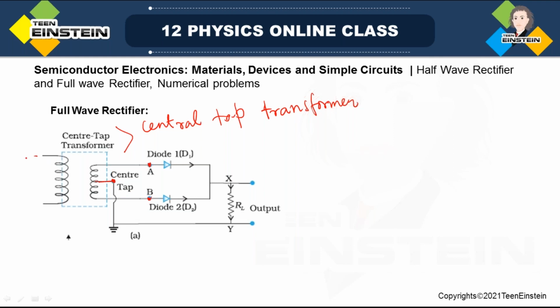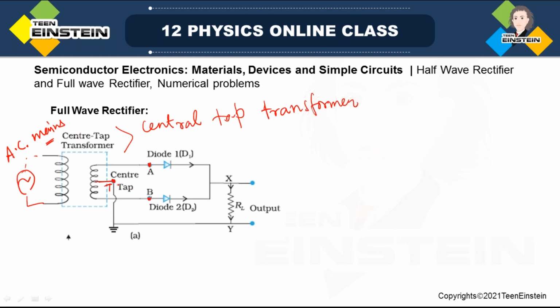So the primary is connected to an AC mains, and the secondary has a center tap. I can give the center tap point the name T. A and B, as we learned in the half wave rectifier case, were there.